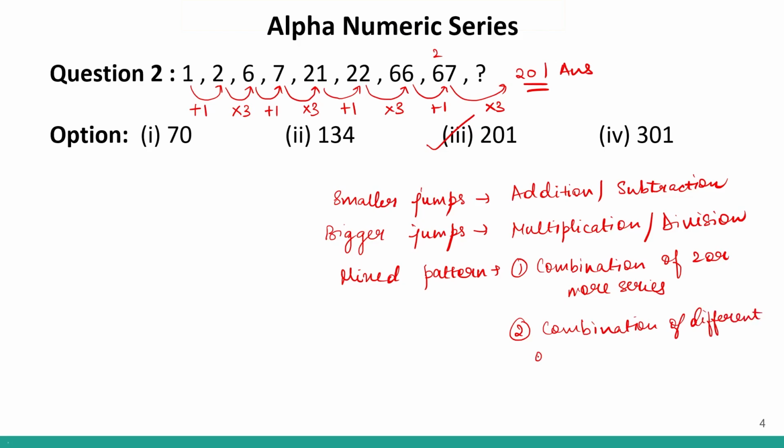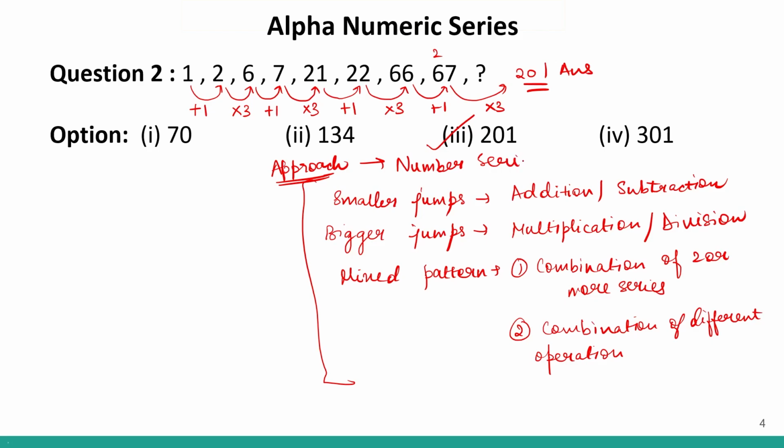For example, in this particular question, it was a combination of addition and multiplication, alternating between the two. This should be your approach to solve any type of series, especially number series.